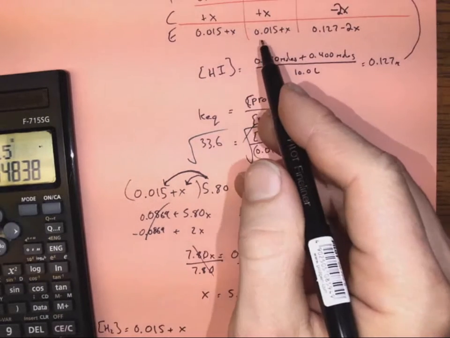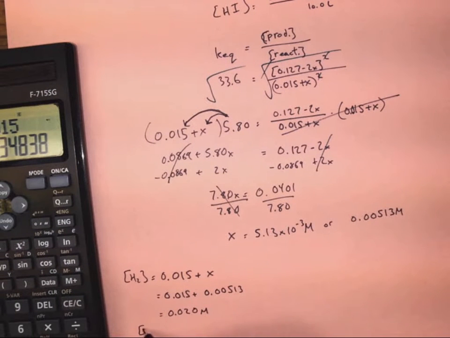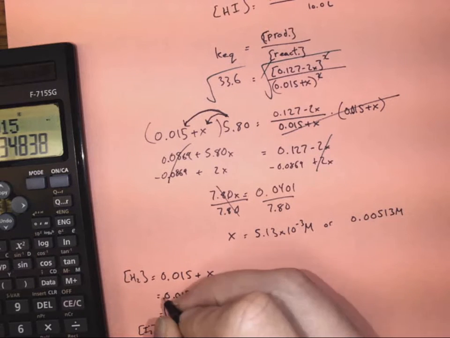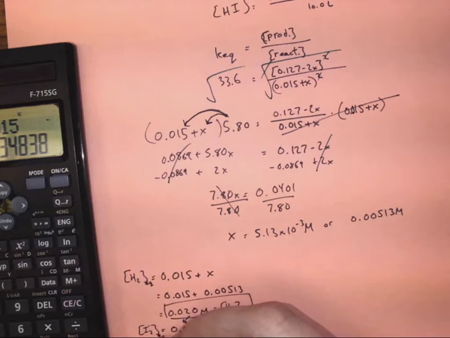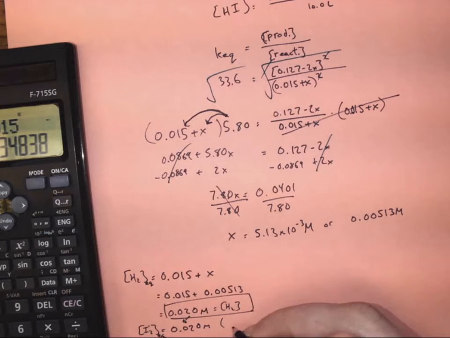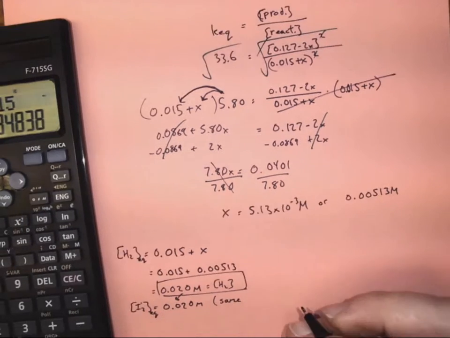I'm going to get the same amount for iodine. That's my hydrogen concentration, and it's also equal to my iodine concentration at equilibrium. Same calculation.